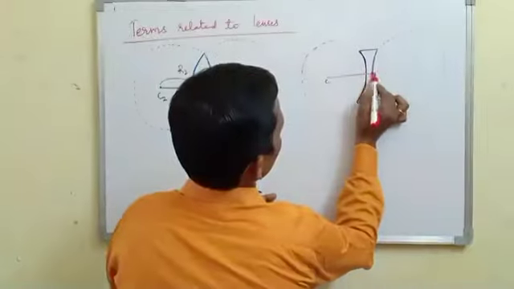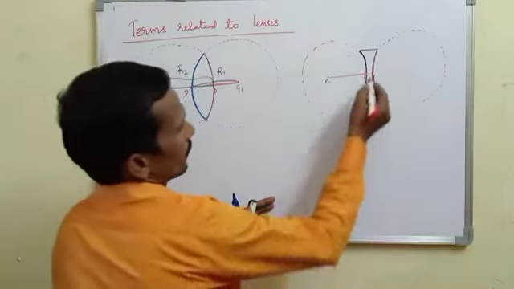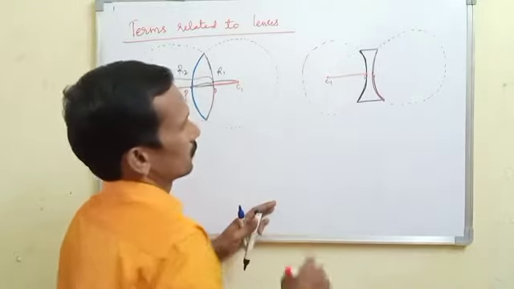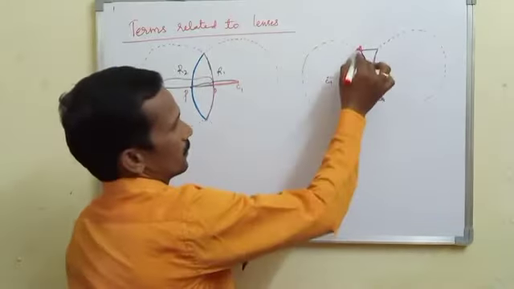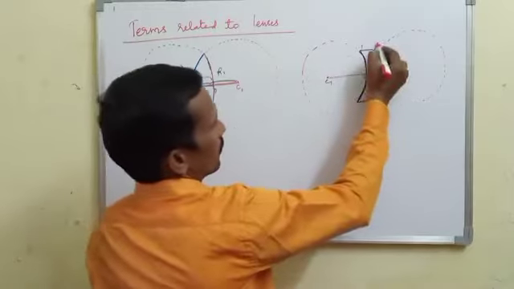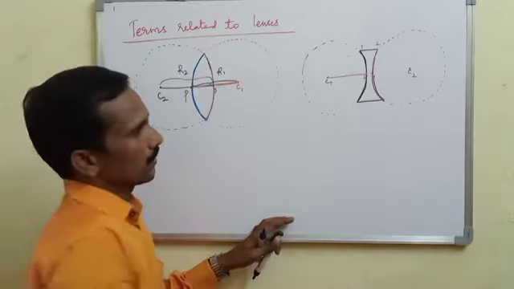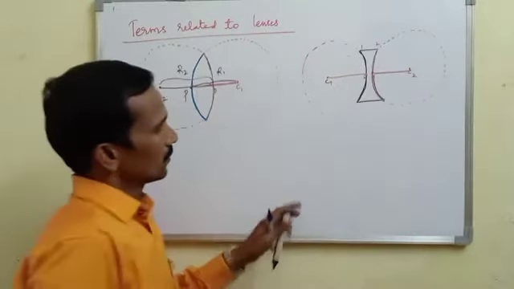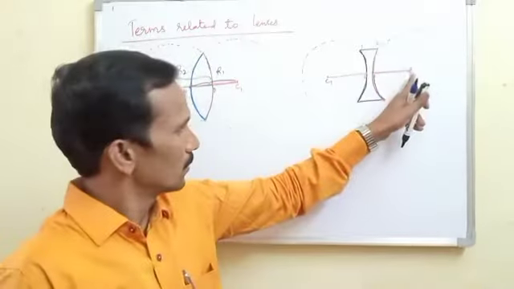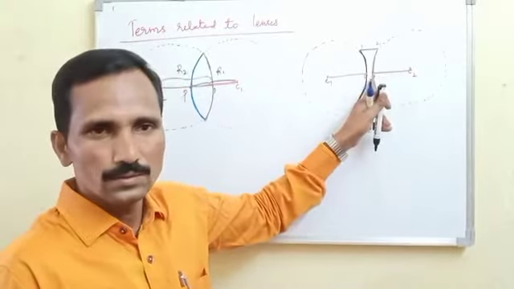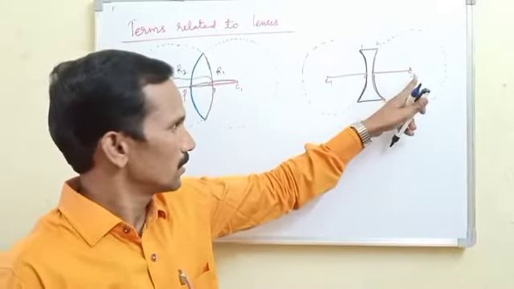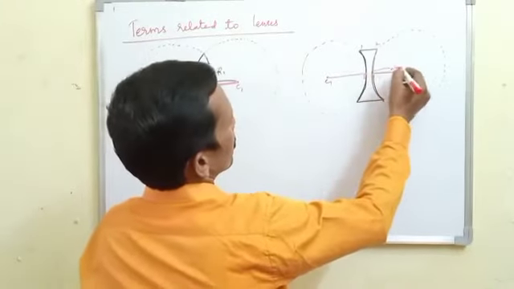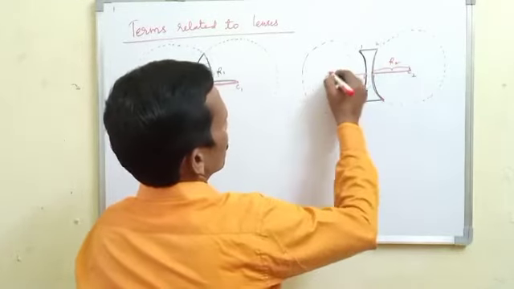It is the pole again; the midpoint is called the pole. So here it is C1, the first part. It is the second part, another sphere, the second curvature. This center is called the second center of curvature. From the pole to the center of curvature, R2 here, and R1 here.